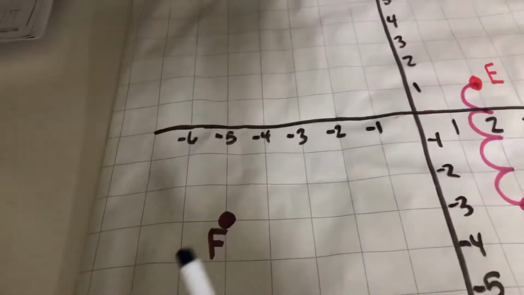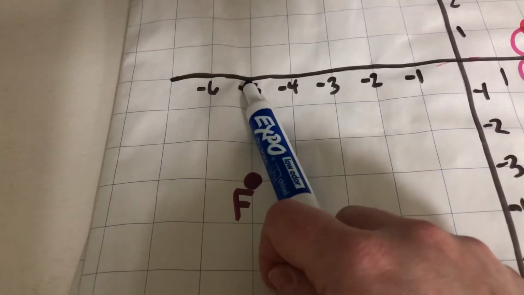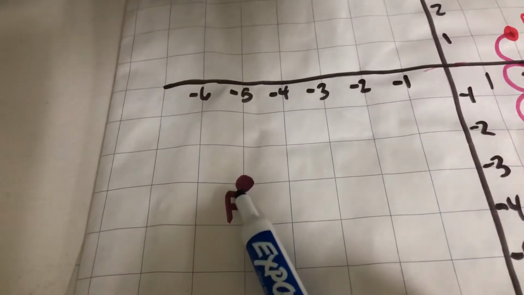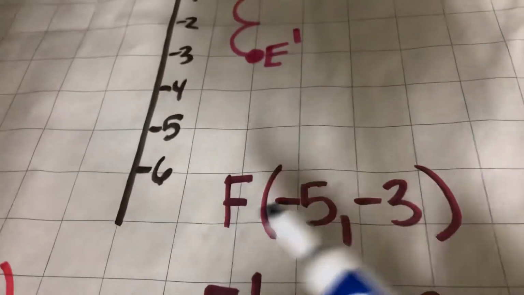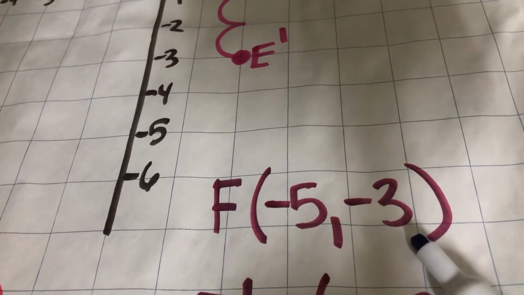Let's do one more example. Here is f. This original point at f is along the x-axis, -5, and down to -3. And you can see right here, my original coordinates are -5, comma, -3. This is in quadrant 3 because they're two negatives. So let's go back to here.